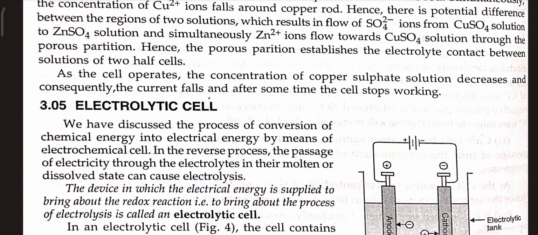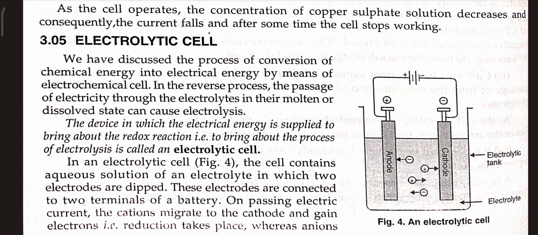Hence, the porous partition establishes the electrolytic contact between the solutions of the two cells. As the cell operates, the concentration of copper sulfate solution decreases and consequently the current falls, and after some time the cell stops working.